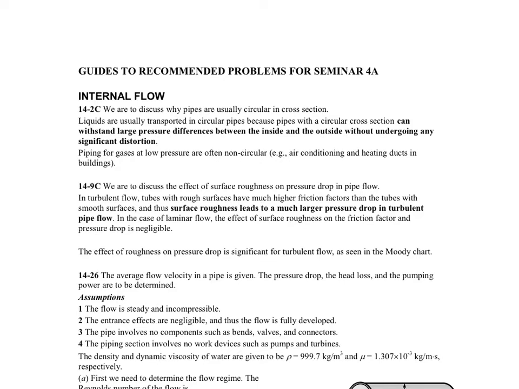Next, the question 14-9C, we are asked to discuss the effects of roughness on the pressure drop in pipe flow. Remember, in turbulent flow, tubes with rough surfaces have much higher friction than with smooth surfaces.